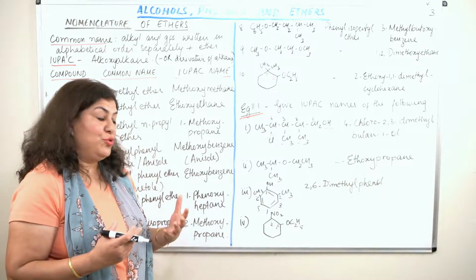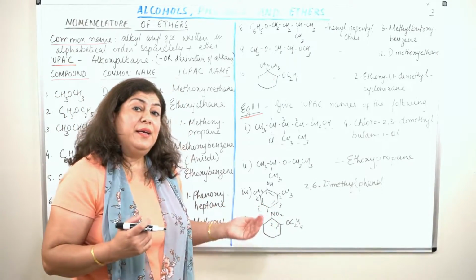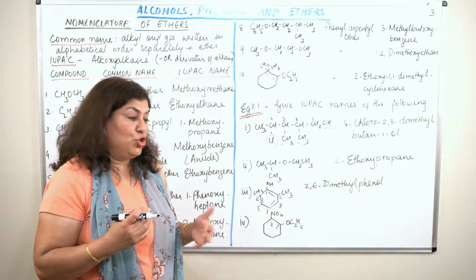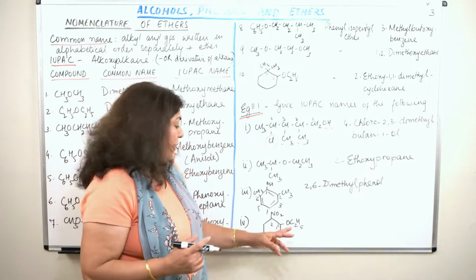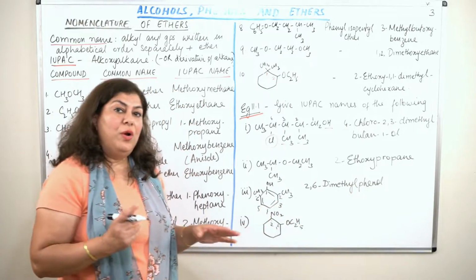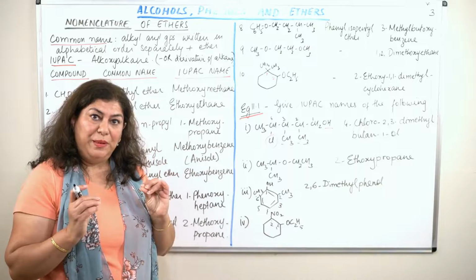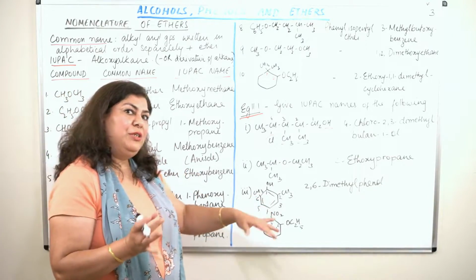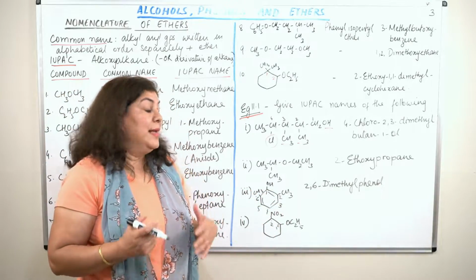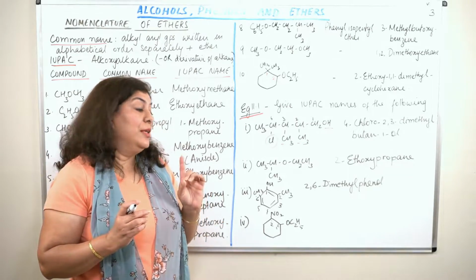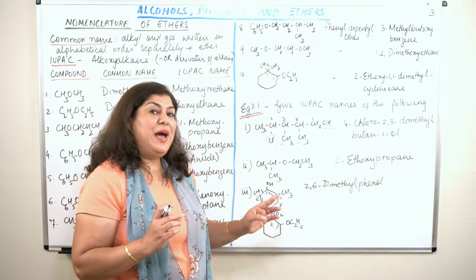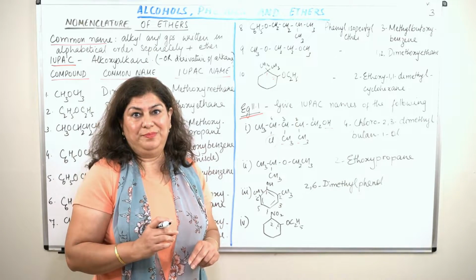So what should I choose? From which direction should I start numbering? Which should get the lower locant, the ethoxy or the nitro? When both are interchangeable, or when in both the directions they have the same locants, then you should choose the lower alphabet to have the lower locant also.